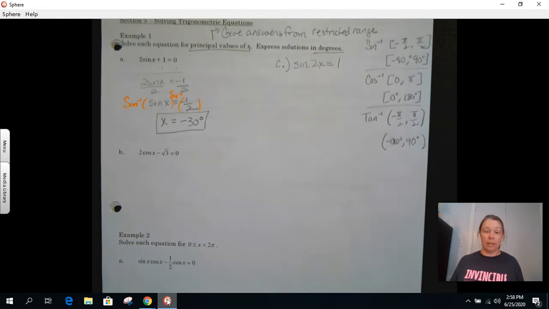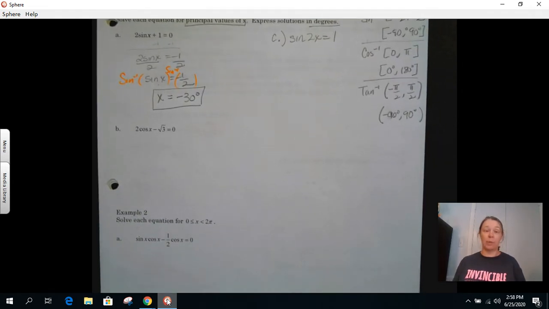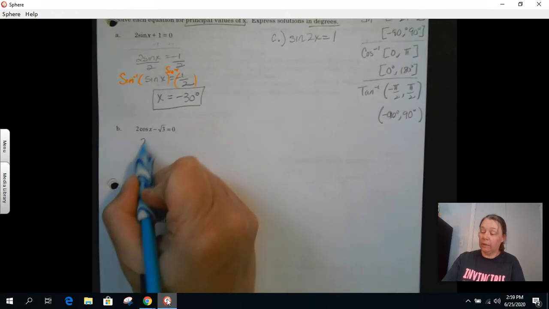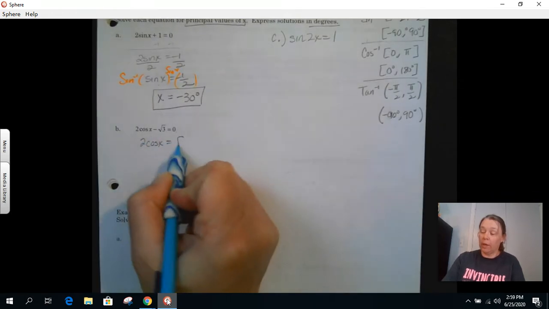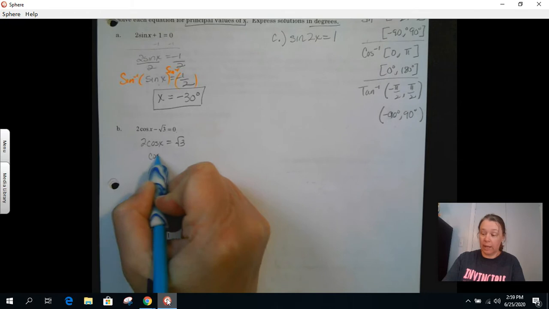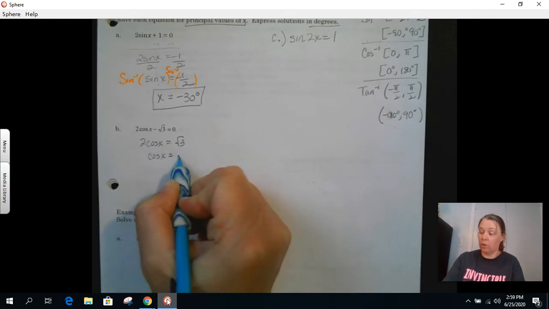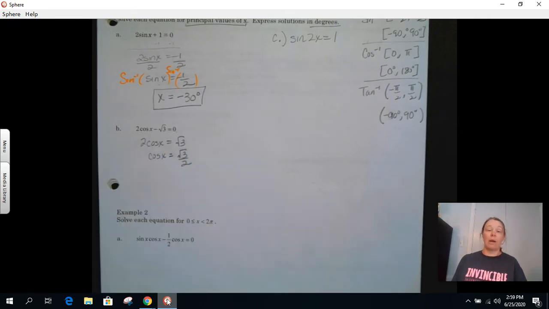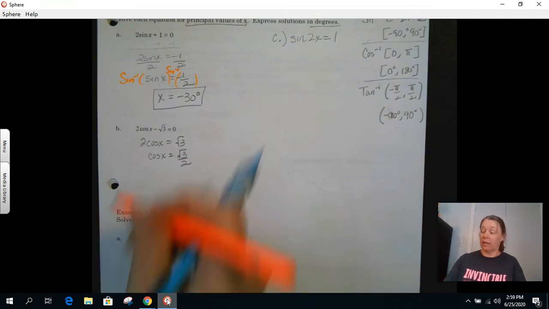So I'm going to use the same idea for part B. First, I'm going to isolate the term or the trig function that has the x on it, and then I'm going to do the inverse. So I would first add the root 3, and if I were you, I would try this on my own first, and then divide by the 2. And then I want to find the x, so I have to take the inverse cosine.